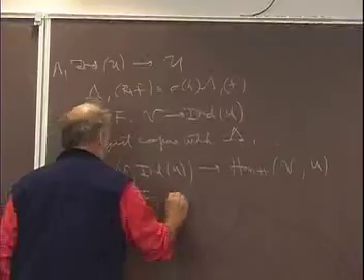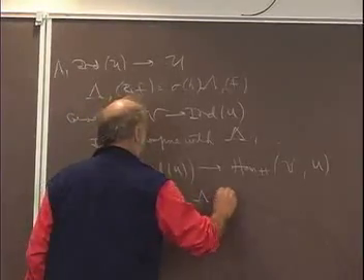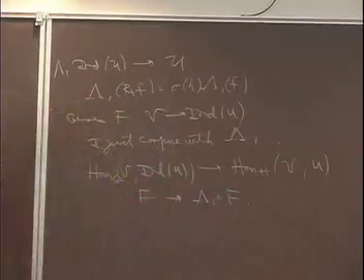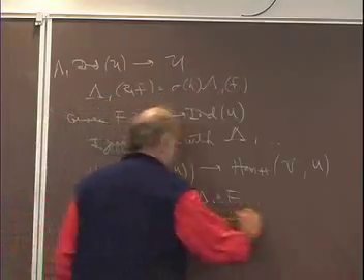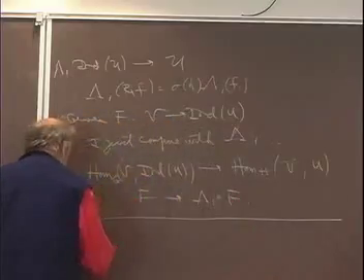F goes to lambda 1 composed with F. Okay. Okay, so that's easy. So this is a map from left to right. How about from right to left?